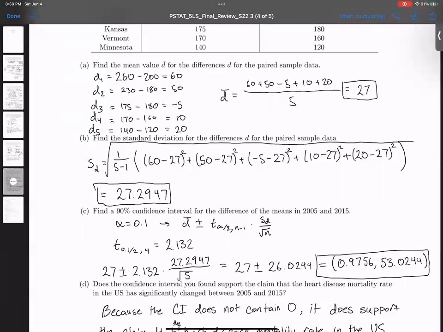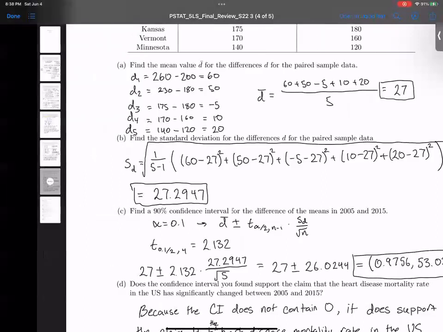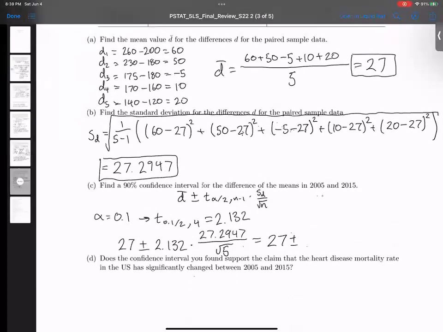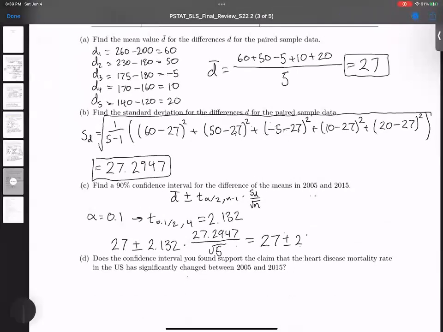So let's see if I remember that 0.9756. This is 26.0244, and that's equal to 0.9-something. I don't remember what this number is. You saw it, it's in the recording now. And 53.0244.